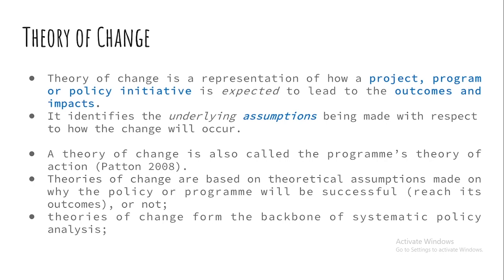A theory of change can also be called the program theory. It's based on theoretical assumptions made on why the policy or program will be successful. So you're making theoretical assumptions of why the project or program chosen will be successful.